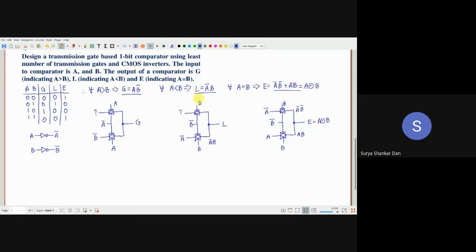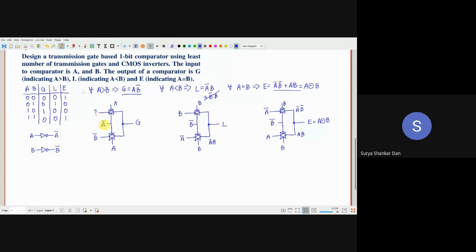So what we will do is A bar B plus, what else can we write here? This is A bar B, B bar is already here, correct? So if we put B here, then this will basically cancel out, right?